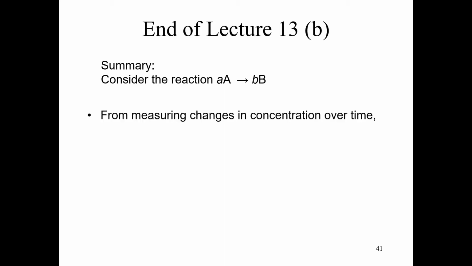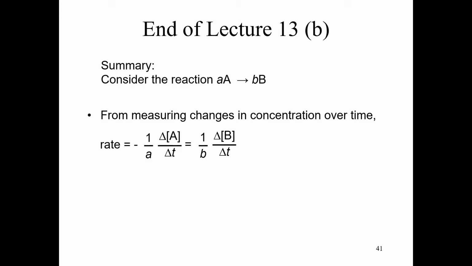From an experiment where we are measuring changes in the concentration of either reactant or product over time, we can arrive at an expression like this one, or an expression like this one, where delta A over delta T or delta B over delta T represents the change in the concentration of that particular species. And then you see that the negative sign represents that the reactant is disappearing, quote unquote.